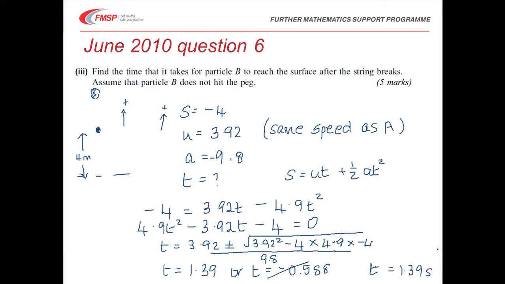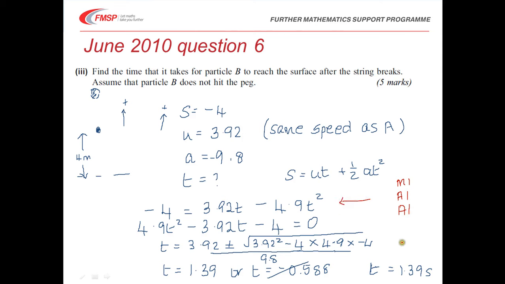So if we just look at part 3, we would have 5 marks for this question. So we had 1 mark, a method mark, for getting a quadratic equation, and an accuracy mark for getting all the terms, 2 accuracy marks in fact, for getting all the terms of your quadratic correct. So that's at this stage here.